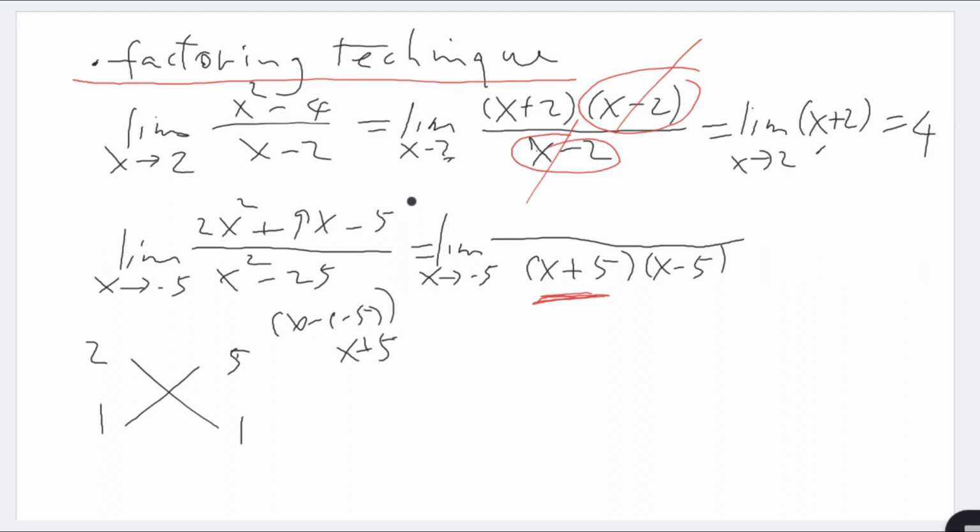How do we get the correct layout, numbers, arrangement, right? Well, I do modification along these diagonal lines, cross product. So I do 2 times 1, I do 1 times 5. So 2 times 1 is 2, 1 times 5 is 5. So it's 2 and 5, those two products, right?